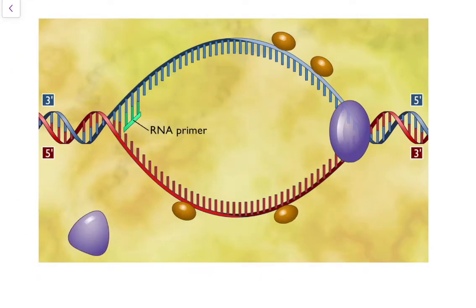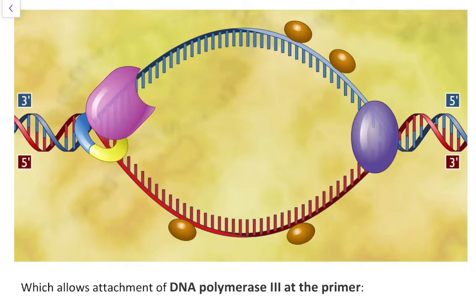So here we see now we've got the RNA primer, and now we've got a double-stranded section which is going to allow our building enzyme to come and bind. And this allows the attachment of our builder. So this is going to build the new train track.